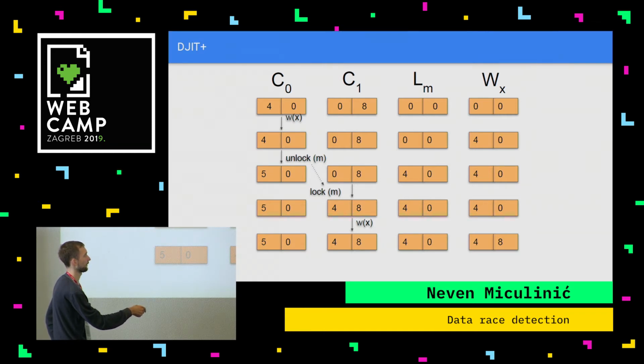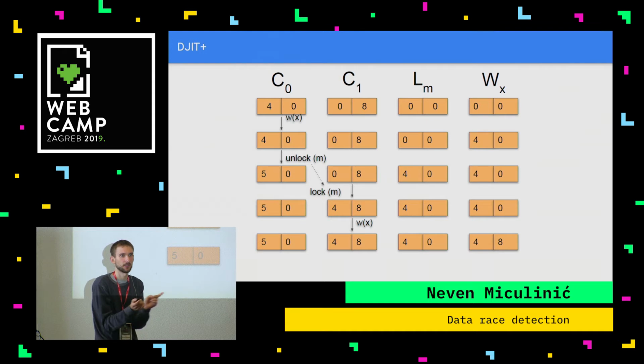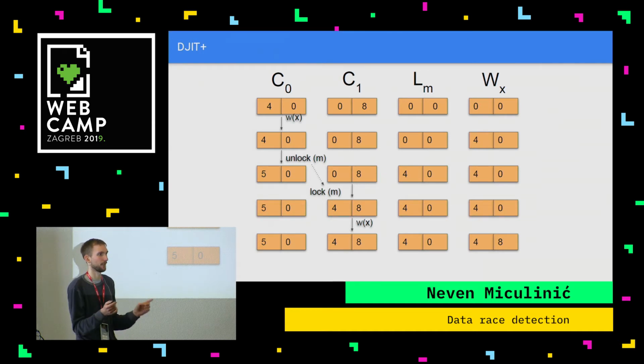We perform a write, and when we perform a write, we compare this vector clock with the last time it was written vector clock and determine if these two events happen concurrently. In this case, they didn't, everything is fine, and there's no data race happening.